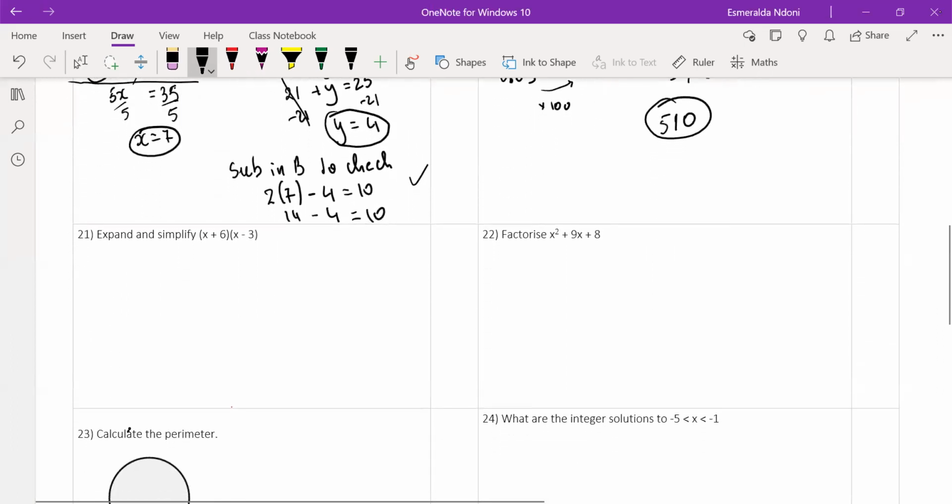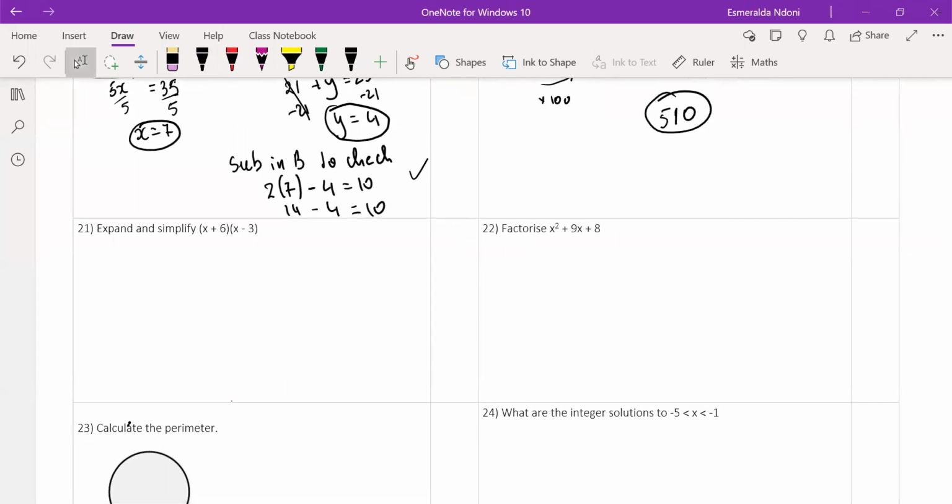Question 21. Simplify, expand, and simplify. I have double brackets. So depending on how you were taught, some of you were taught using the chocolate box. So x, and we have a plus 6, x, and a minus 3.